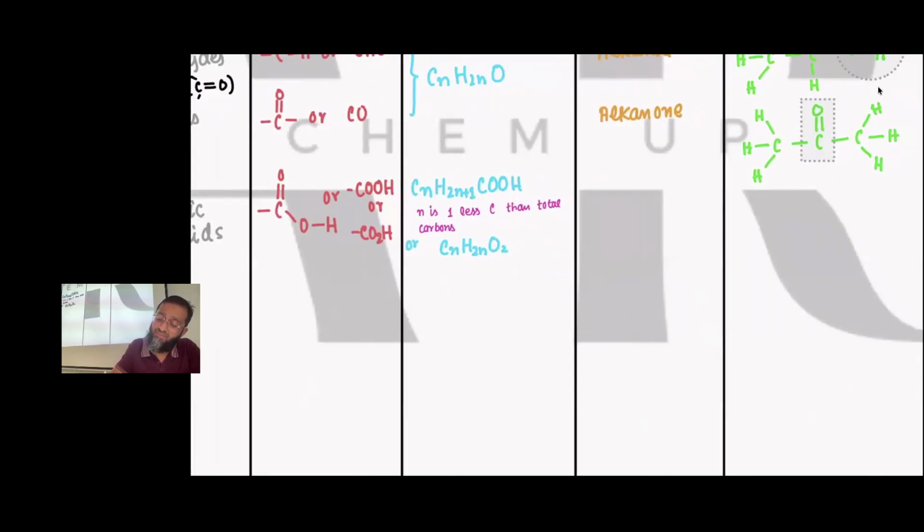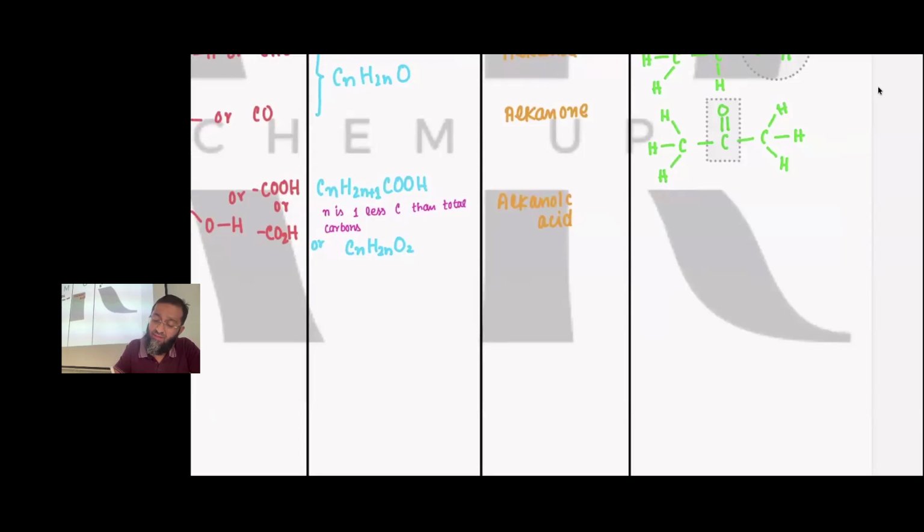The general name is alkanoic acid, and if I need to draw the structure, so a C double bond O bonded to an OH.